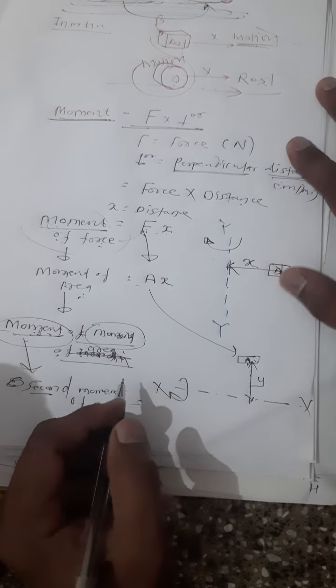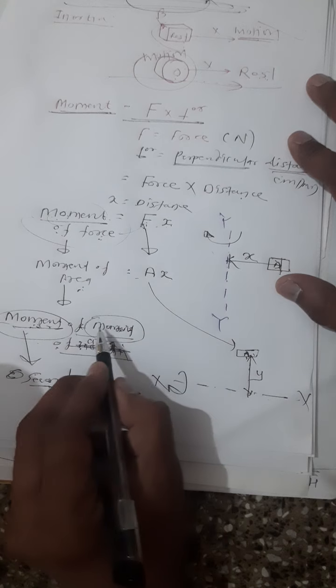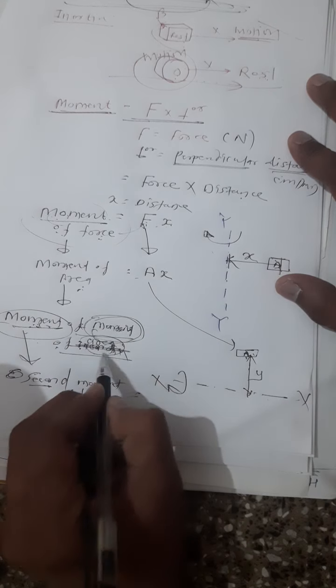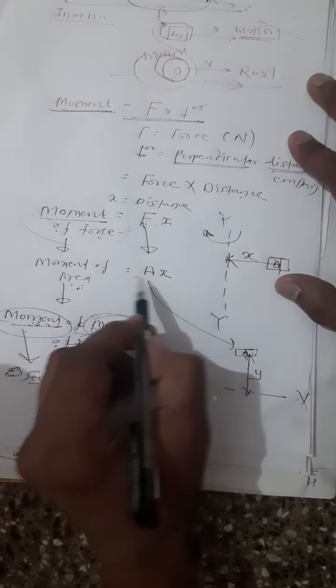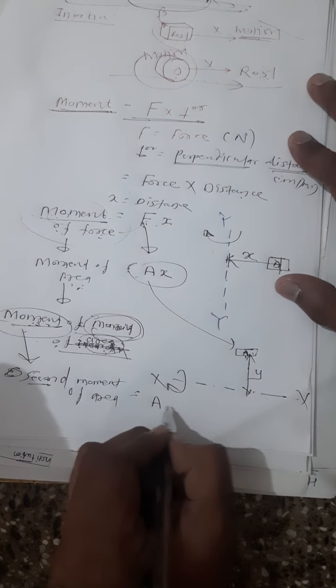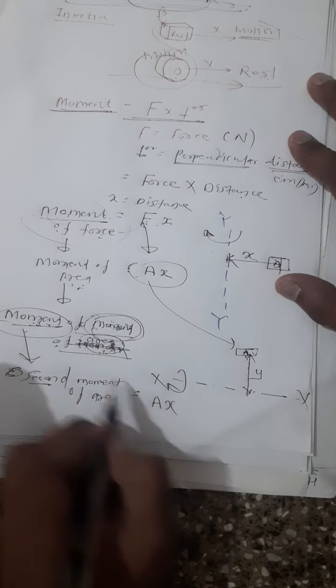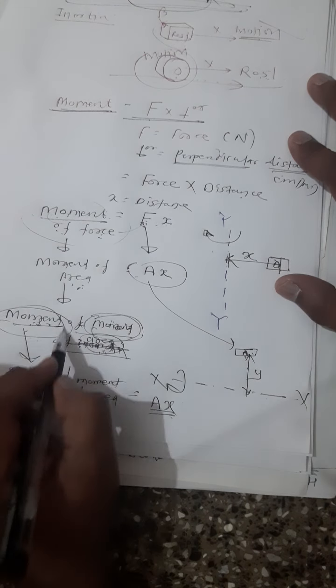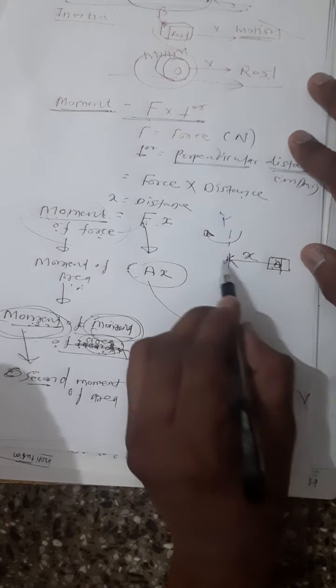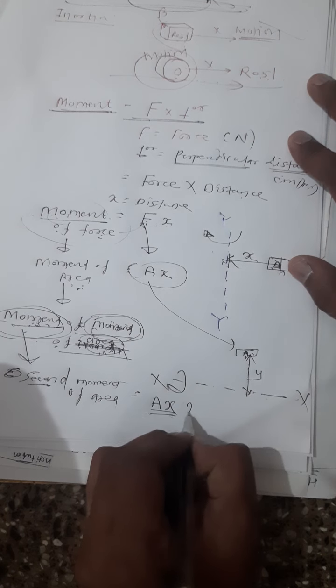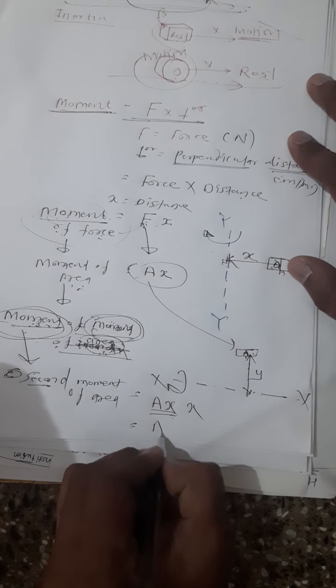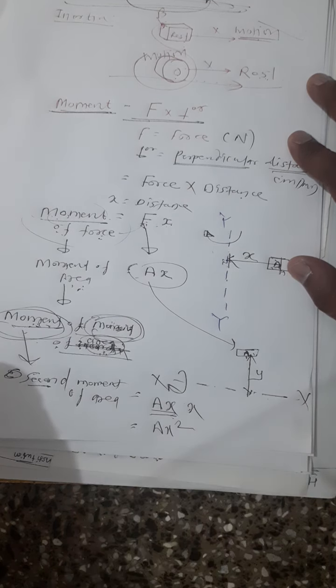See how it becomes. What is moment of area? Moment of area is nothing but A into X. Then what about moment? Moment means apart from some distance. Moment again, x is here, so it becomes A into x square.